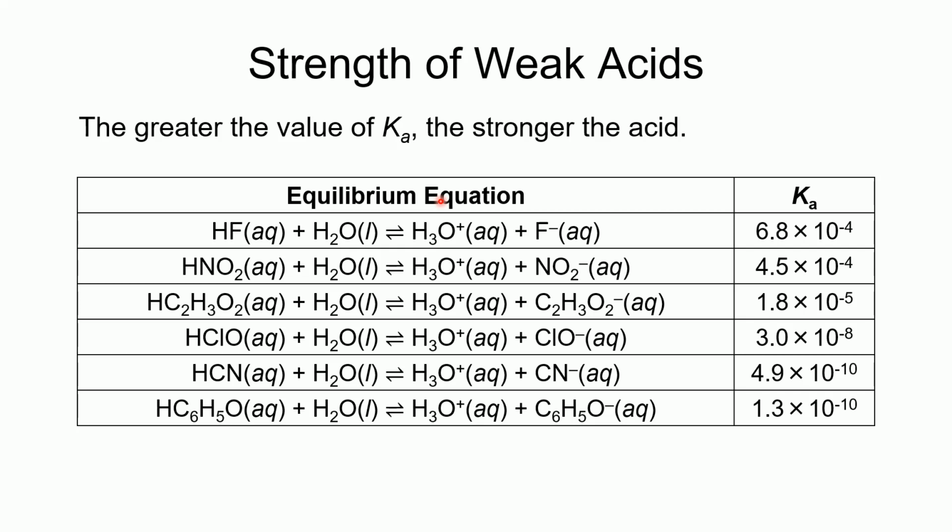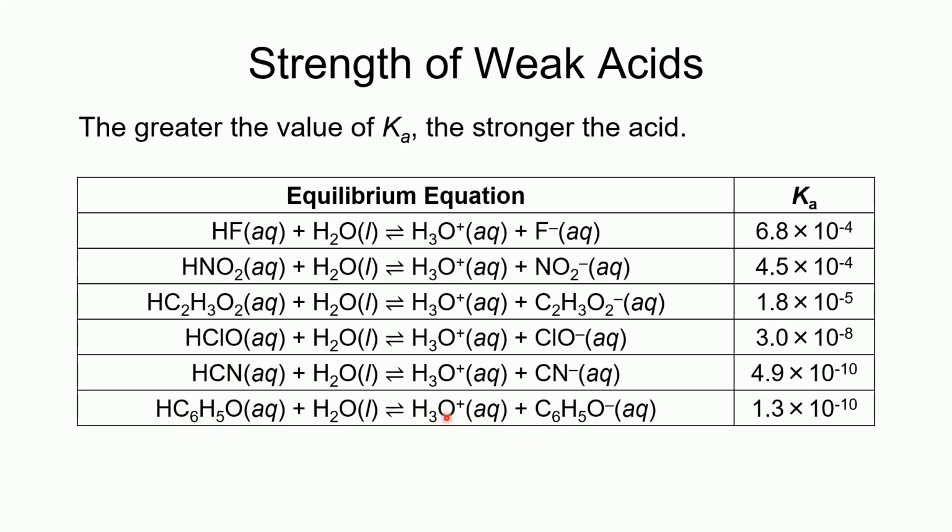So first of all, let's talk about what the value of Ka means. The greater the value of Ka, the stronger the acid. Here we've got a variety of different weak acids: HF, hydrofluoric, nitrous, acetic, hypochlorous acid, hydrocyanic acid, and phenol.